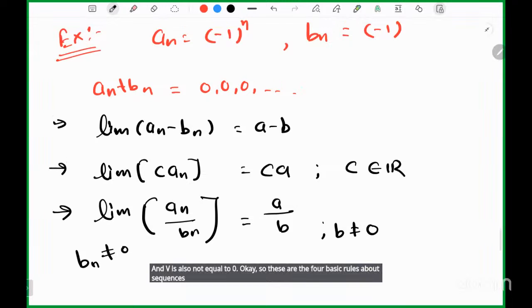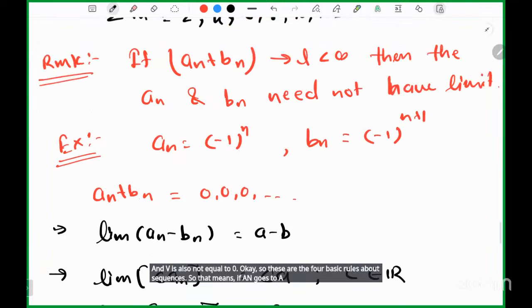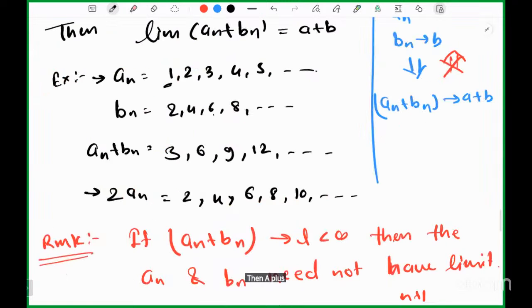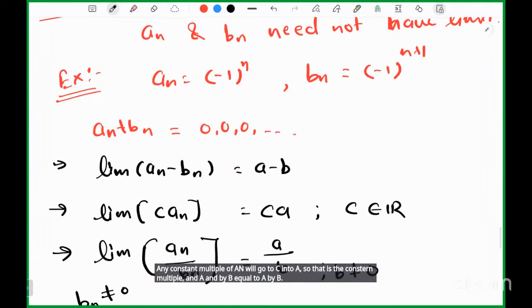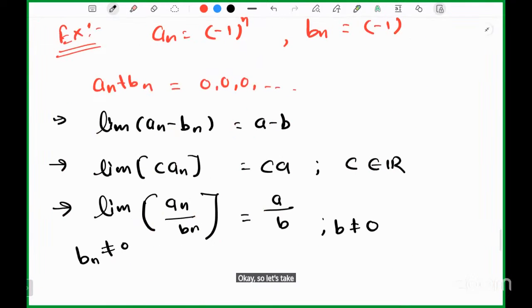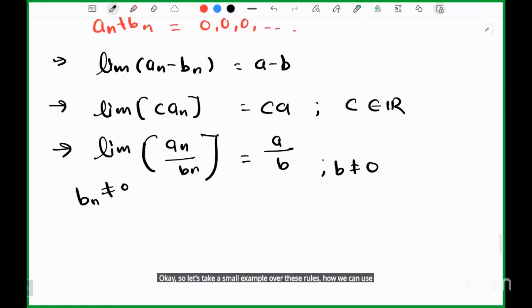Okay, so these are the 4 basic rules about sequences. That means if an goes to a and bn goes to b, then an plus bn goes to a plus b, an minus bn goes to a minus b, any constant multiple of an will go to c into a, and an by bn goes to a by b. Okay, so let's take a small example of these rules, how we can use them.